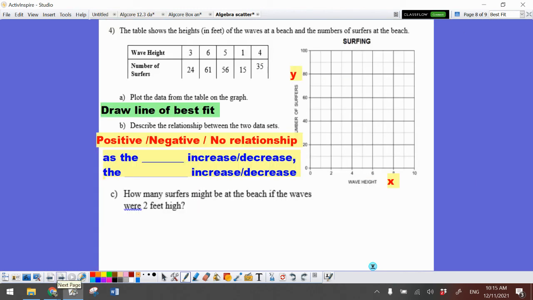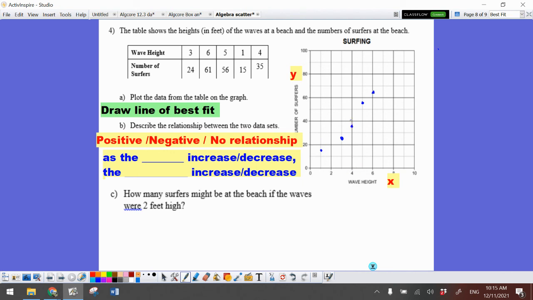All right, let's look at one more. Let's look at some surfing and let's figure out what's happening here. So we've got wave height of 3 and 24, and 6 and 61, 5 and 56, so someplace right in there, 1 and 15, and 4 and 35.